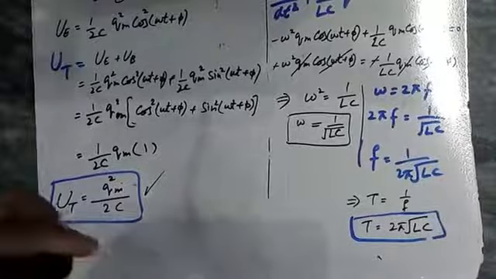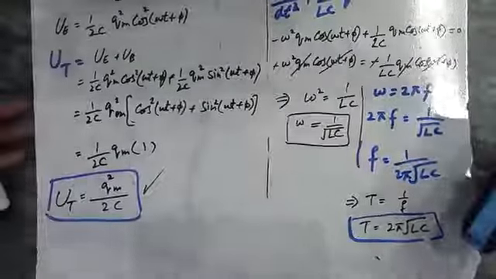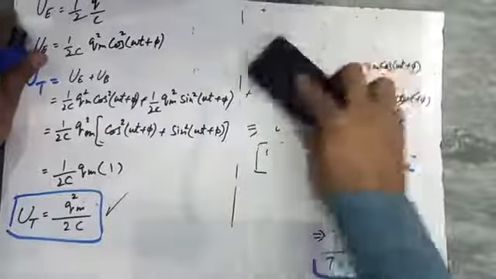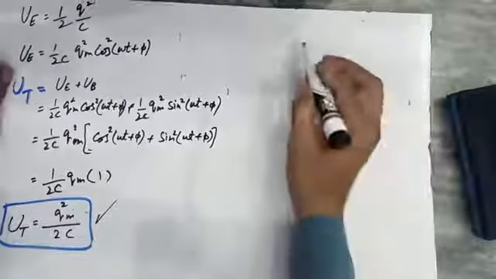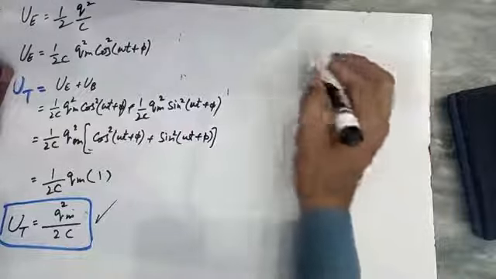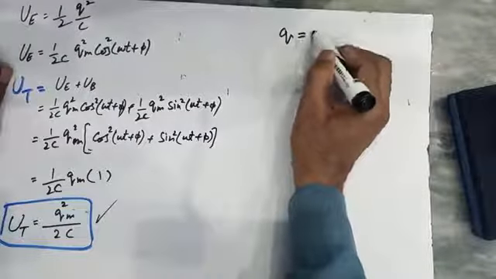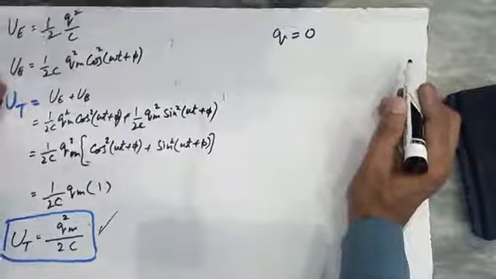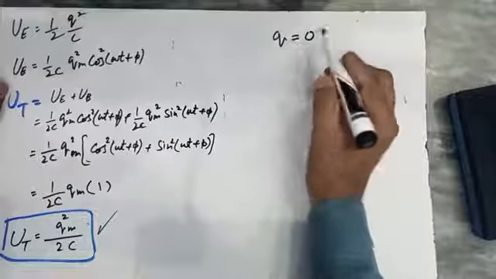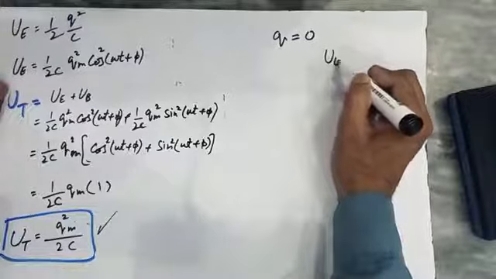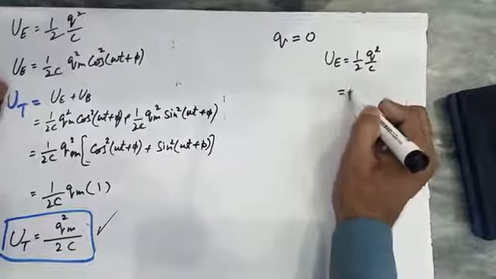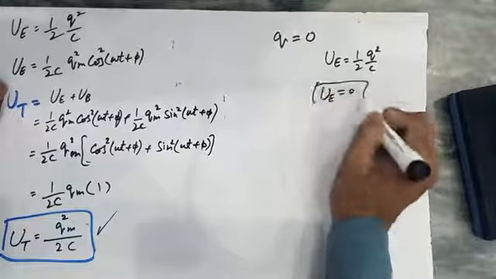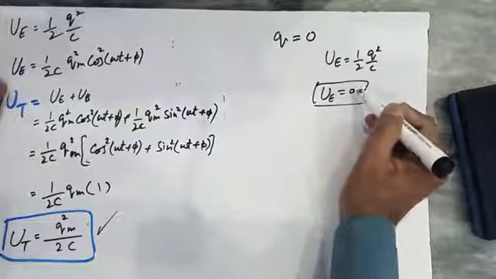Now we consider the case that after some time, when the capacitor is fully discharged, the charge on the plates of the capacitor is 0. As charge becomes 0, the electric energy stored in the electric field of the capacitor is also 0.